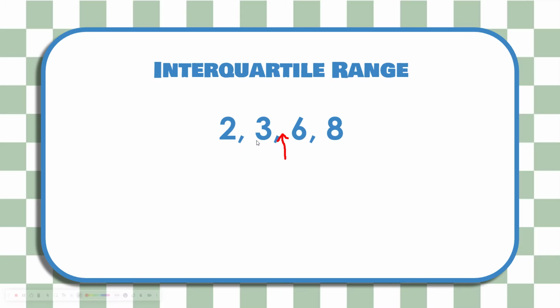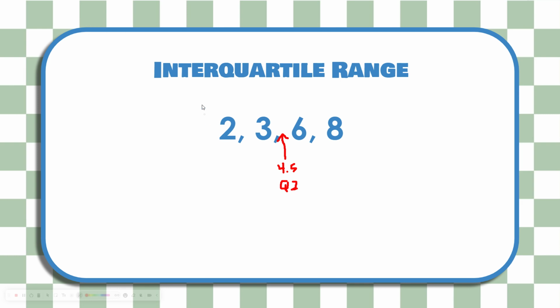So 1.5 plus 3, that would be 4.5. Or if you don't feel like mental mathing it, you could always just add these 2 numbers and divide by 2. 6 plus 3 is 9, divided by 2, that gives you the middle. So 4.5, that would be our median, which is Q2.